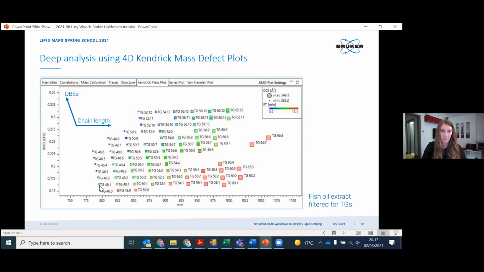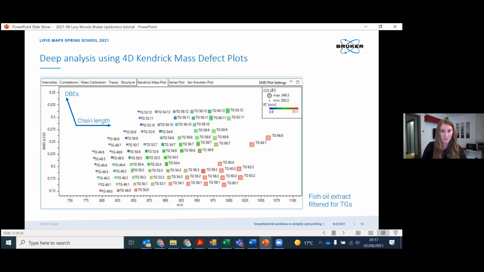So in this example, you can see these are all representing triglycerides, so TG lipids. And as you move vertically across this plot, then you can see that the number of carbons within the carbon chain increases by 2. And as we move down the diagonal lines, then the number of double bonds present within these TGs is changing.